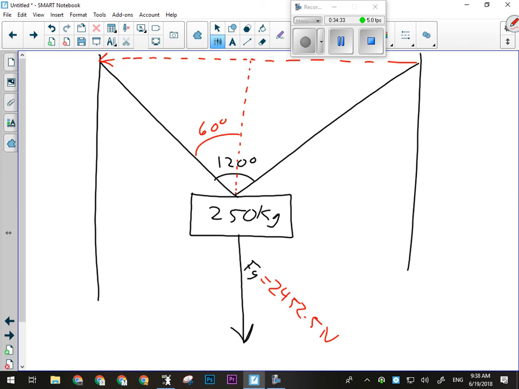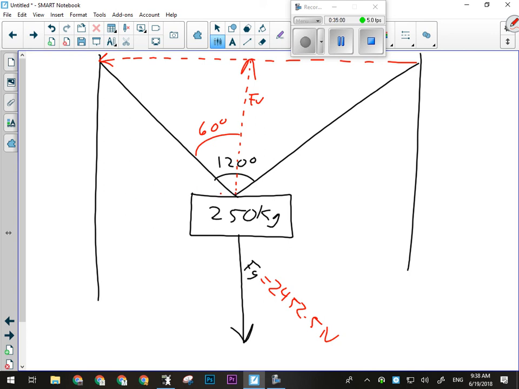What is the vertical force for each one of those cables? Half of the force of gravity. For each one of those cables, their vertical component is half the force of gravity. That way it adds up to the force of gravity and gives us a net force of 0.